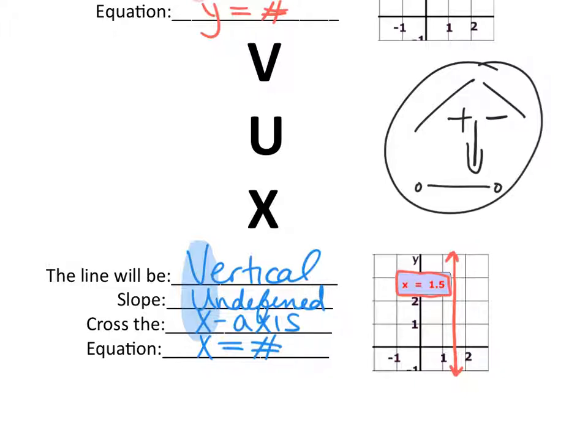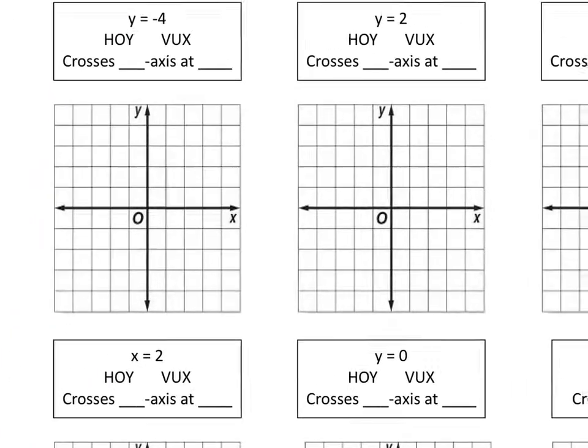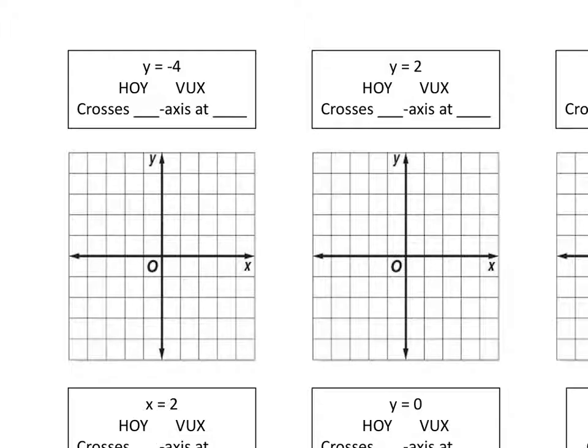So the gist with horizontal and vertical lines is that we're going to need to be able to graph them and write their equation. But both of those things are very, very simple. The way the notes on the inside are going to work is we're going to go across all 4 of the top before we go to the bottom row. So don't lose me. I'm on the top right, and I have the very first equation. Go ahead and highlight that first equation so we know which one we're talking about. It's y equals -4. Based on the fact that this says y equals, is this a Hoy or a Vux line?